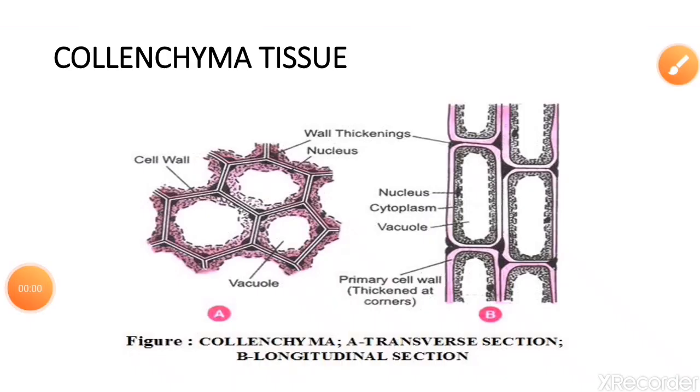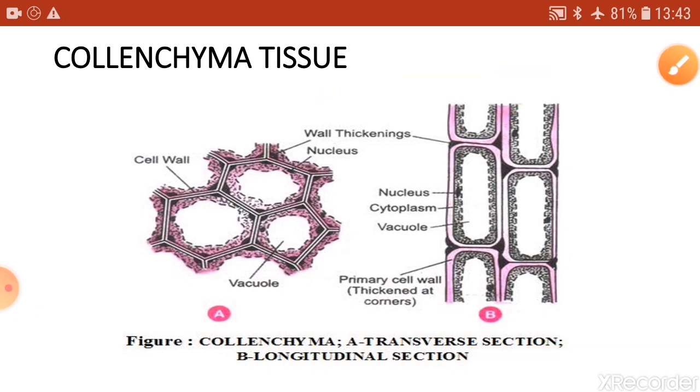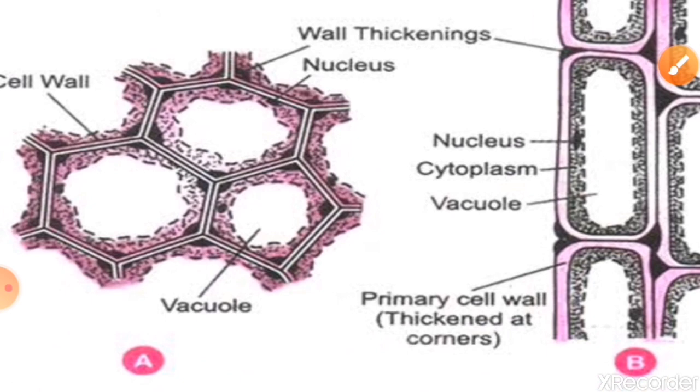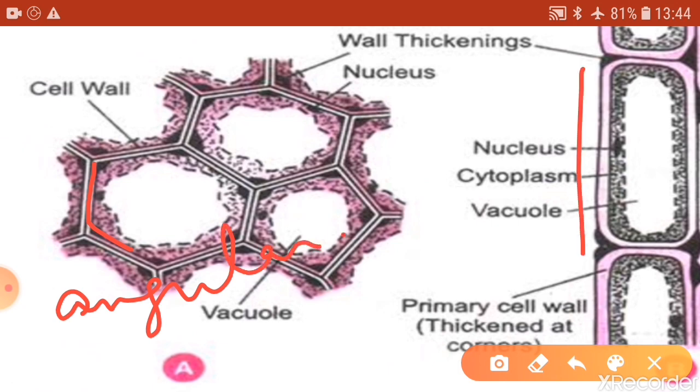So the next important simple permanent tissue is collenchyma. Collenchyma tissue, like parenchyma, is a living tissue, that is, it is made up of living cells. Now coming to the structure of collenchyma, the cells of the collenchyma are angular in cross section, and in longitudinal section you find that the cells are elongated.